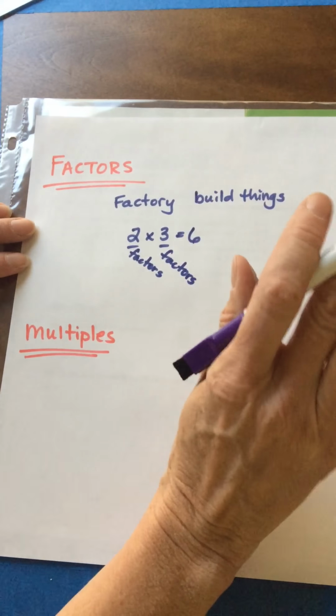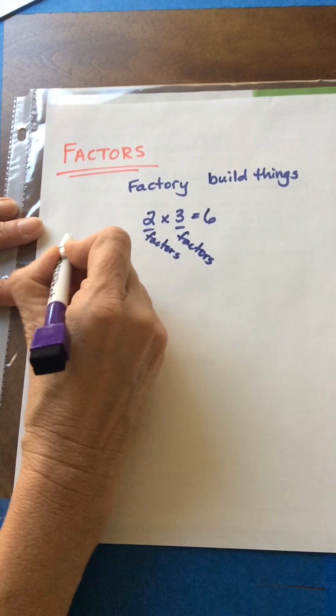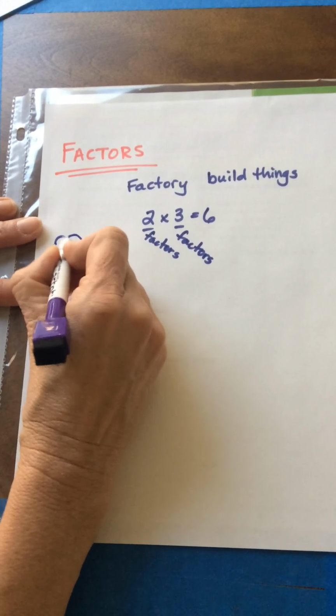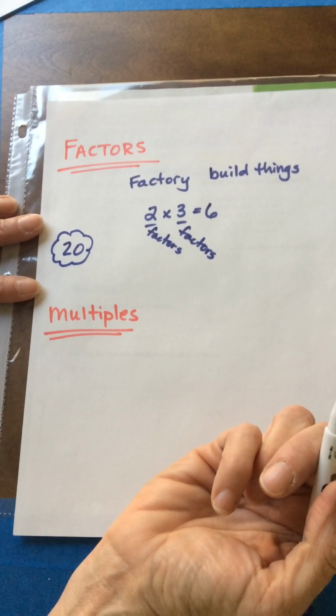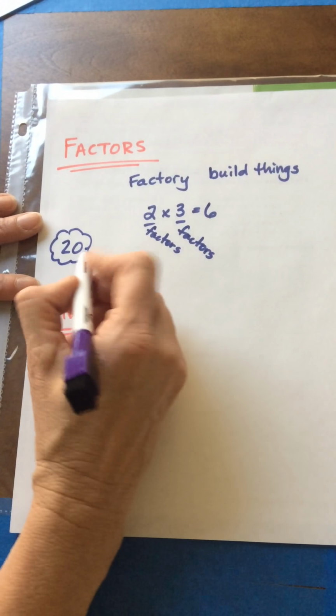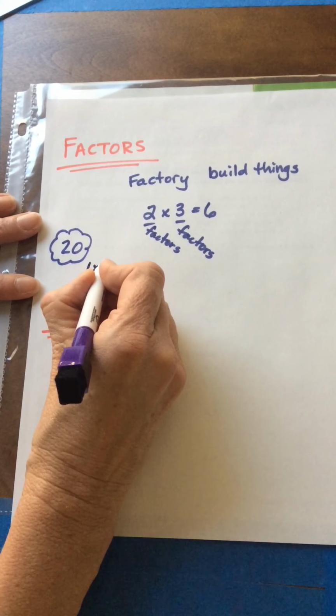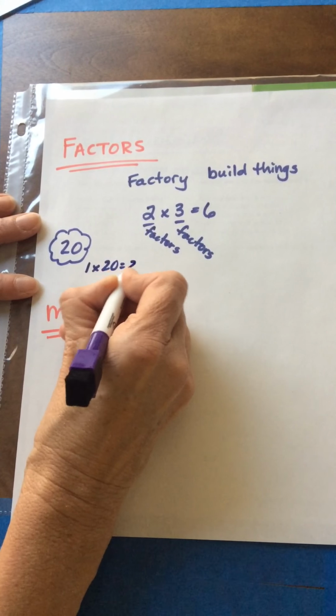So a lot of times what we do is say we want to find all the factors of the number 20, okay? So what are the different ways we can get to 20? Well, I know 1 times 20 gets me 20, right?